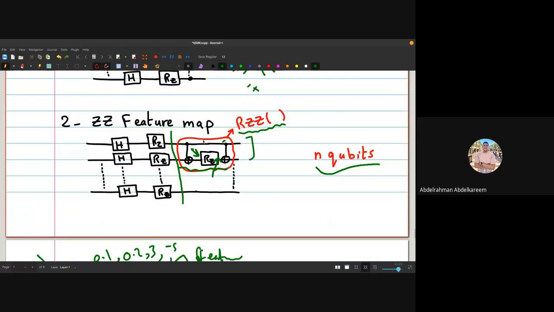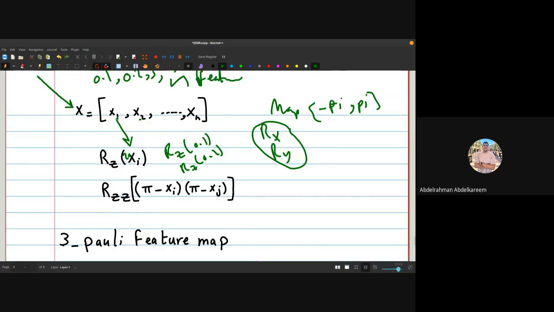So between the first two, it will be x1 multiplied by pi minus x2. Also, the same as for RZ, papers will multiply by 2, as the rotation RZ actually has the value divided by 2 inside the matrix itself, so you can multiply by 2.